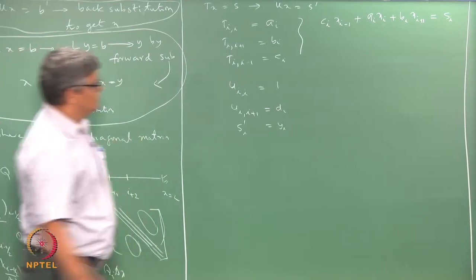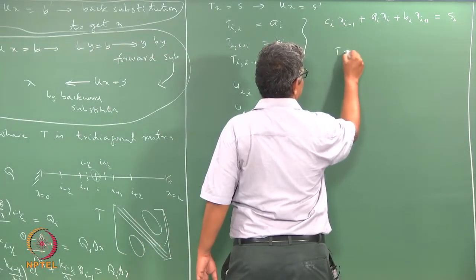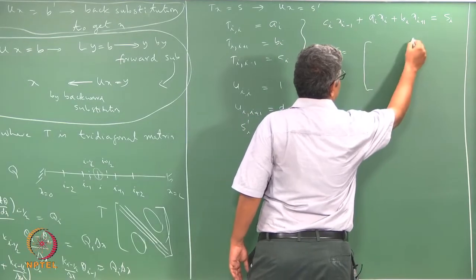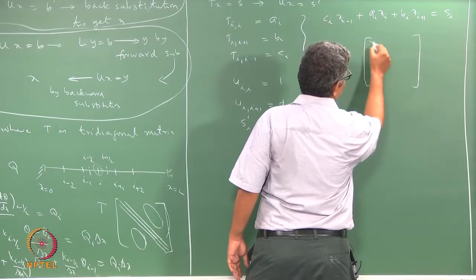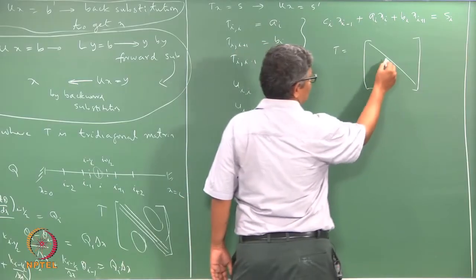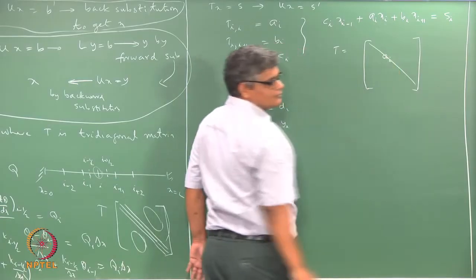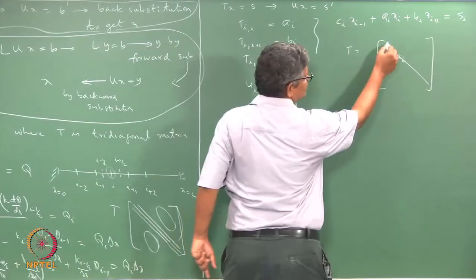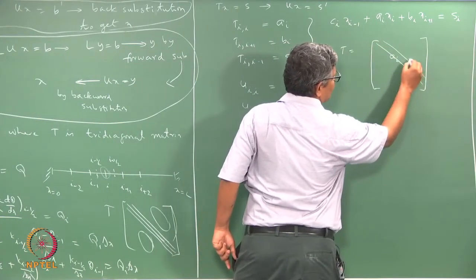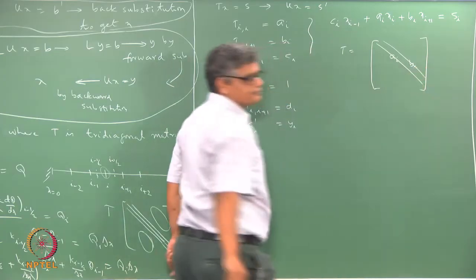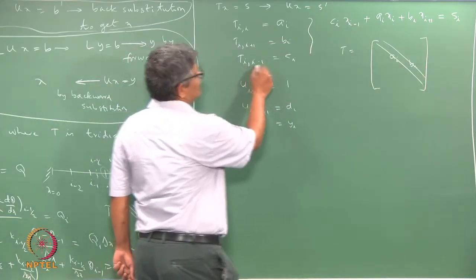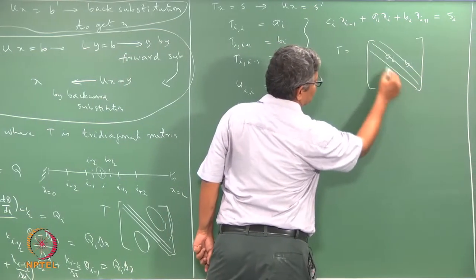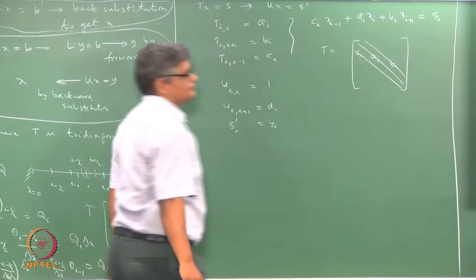Okay. So, the form of T is this: the central diagonal has coefficient ai. The one corresponding to I plus 1 is the one which is above here, all the coefficients here are bi, and the one I minus 1 is 1 below and this is Ci.